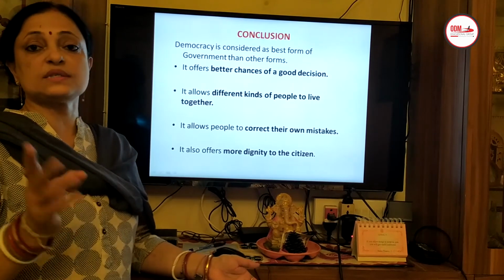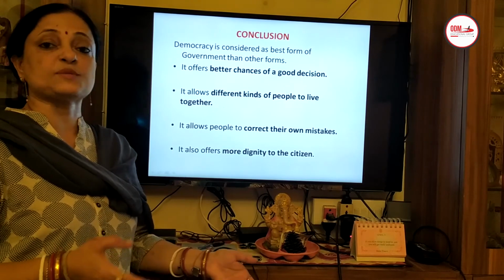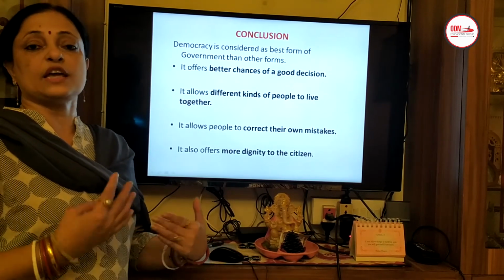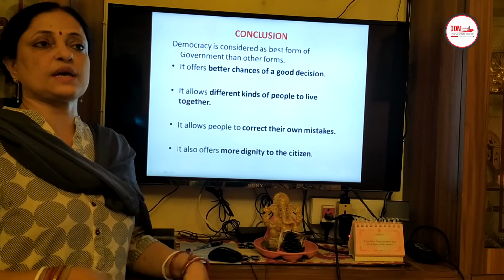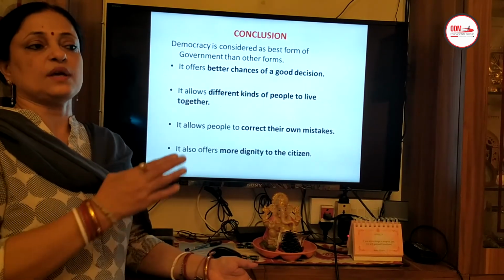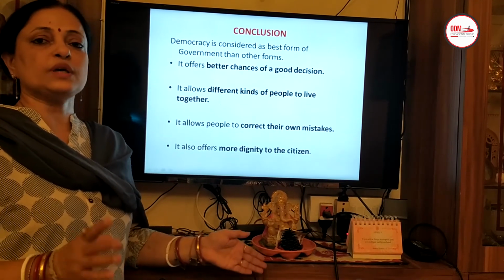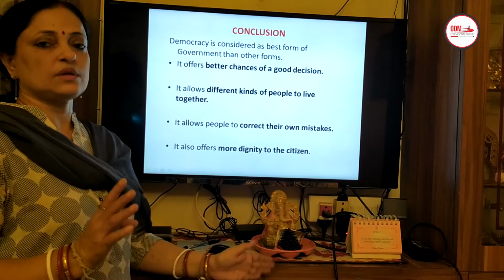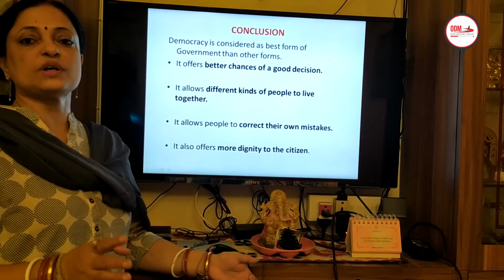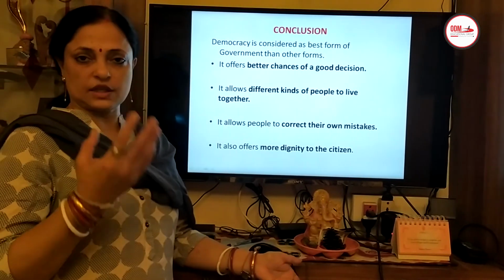The second is the fundamental rights, through which citizens can express their feelings, views, and opinions. All these things are given in the democratic form of government. So finally we came to the conclusion that democracy is the best form of government.